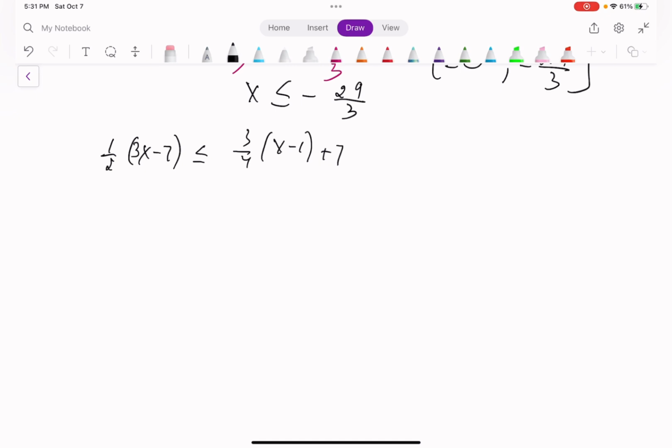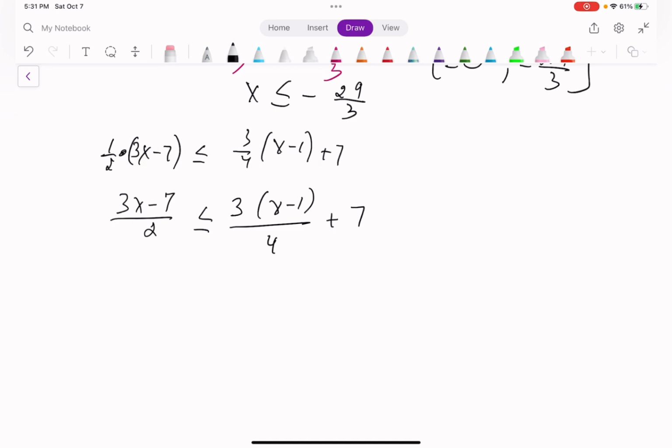First I do the multiplication. 1/2 times 3x minus 7 is 3x minus 7 over 2, less than or equal to 3 times x minus 1 over 4, and plus 7.